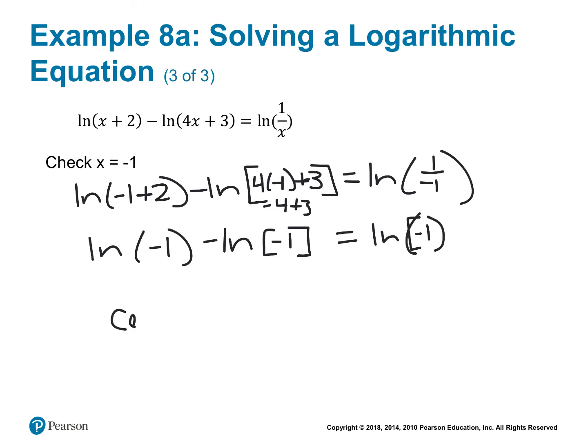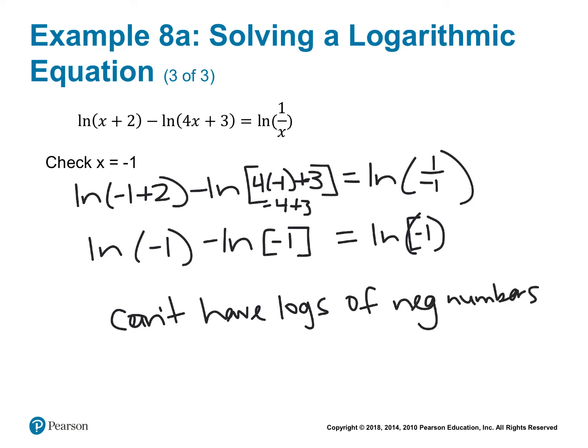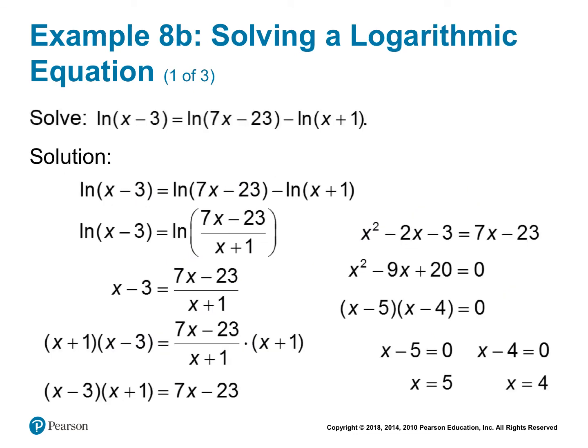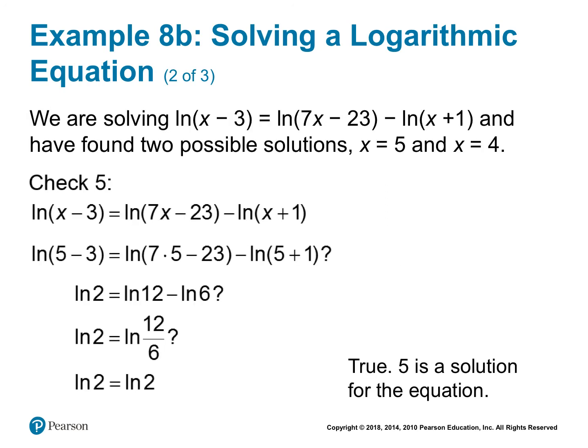So we can't have logarithms of negative numbers. So x equals negative 1 is not going to be one of our solutions. And then 8b, there's 3 slides here where you can check this one and see how they did it step by step.